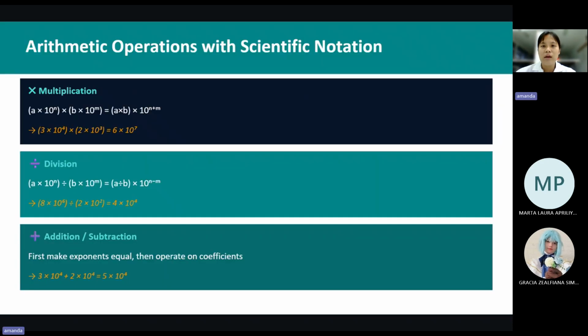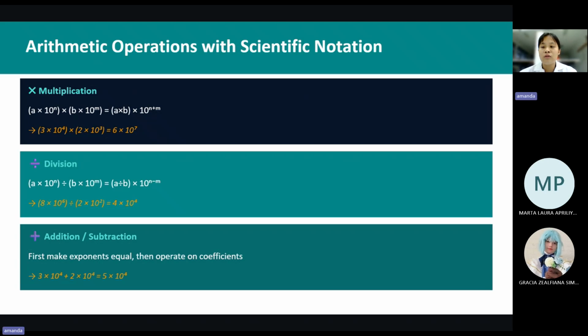Now that we know how to write numbers in scientific notation, let me teach you how to do calculations using this method. We will look at four operations: multiplication, division, addition, and subtraction. First, multiplication.